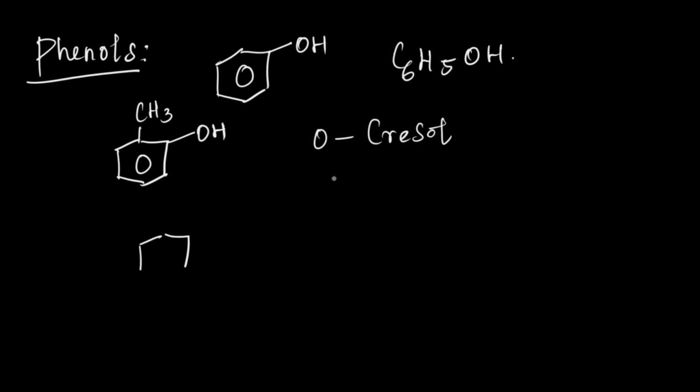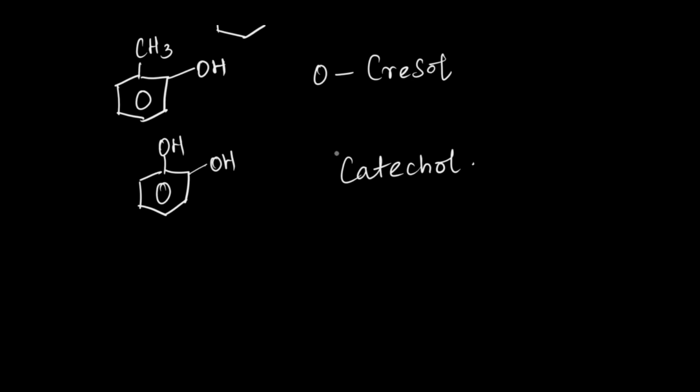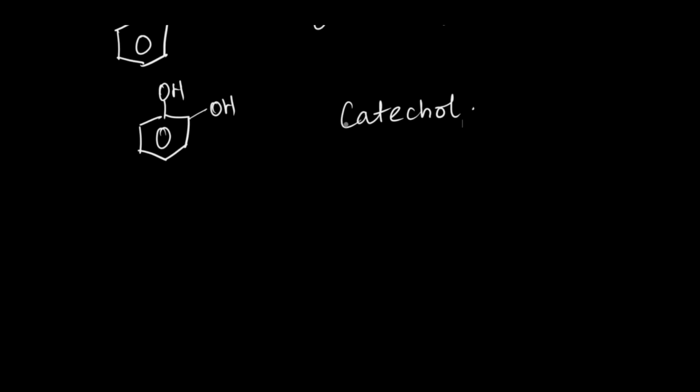Similarly, if I am having a dihydric alcohol on an aromatic ring where the groups are ortho to each other, that is called catechol. As the IUPAC name, we will name it benzene 1,2-diol, but as a common name, that is the very famous name, catechol.